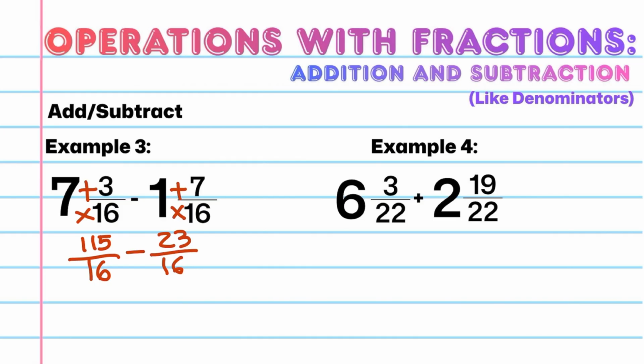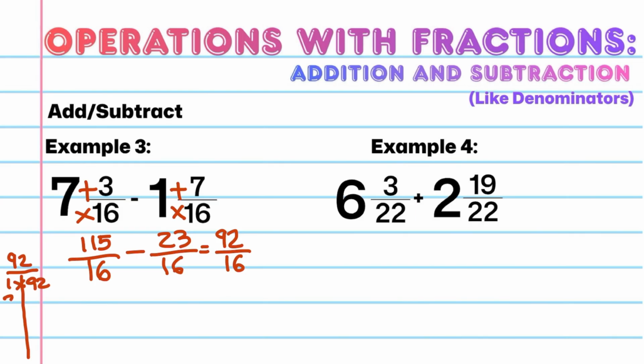Well, 115 minus 23 is going to give us 92. So I have 92 over 16 is my answer. But I can't leave my answer like that because I may have a GCF. So I'm going to come over to the side and I'm going to list the factors of 92. Well, 1 times 92 is 92.